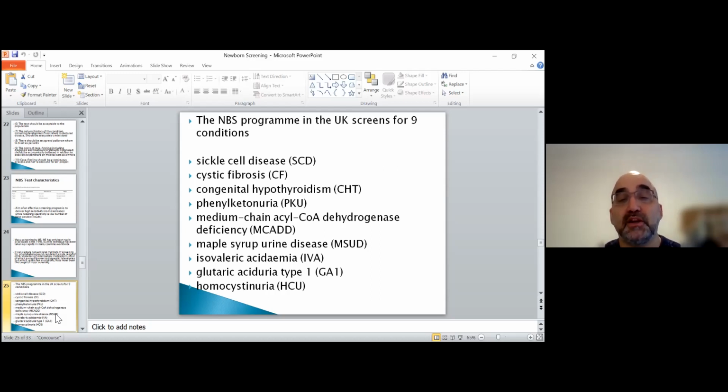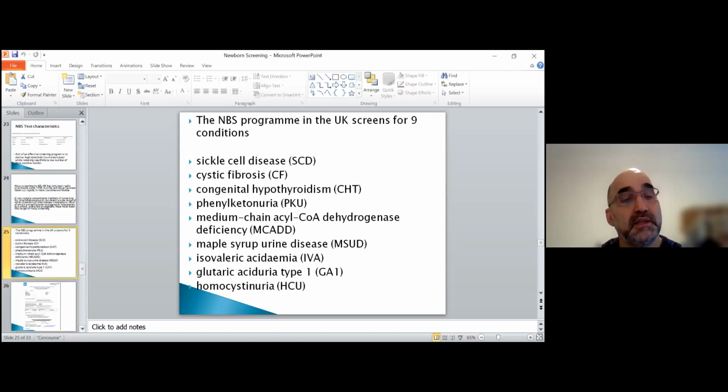For a clinical diagnosis, if you suspect isovaleric acidemia or glutaric aciduria, you usually test the urine for organic acids. But for screening, we use the carnitine profile, where we can detect IVA and GA1, and homocystinuria can be detected in the amino acid profile.